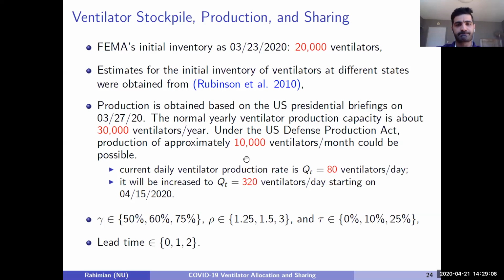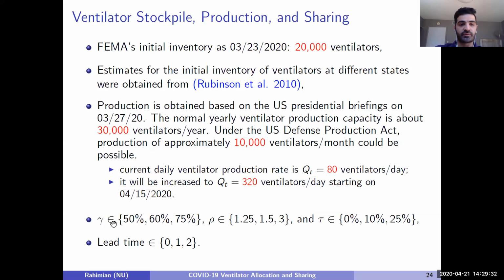The daily ventilator production before the DPA was invoked was around 80 ventilators per day. After that, we would expect it to get to 10,000 ventilators per month, which would bring it down to 320 per day, starting from April 15.